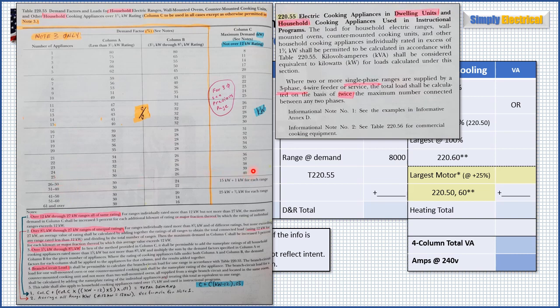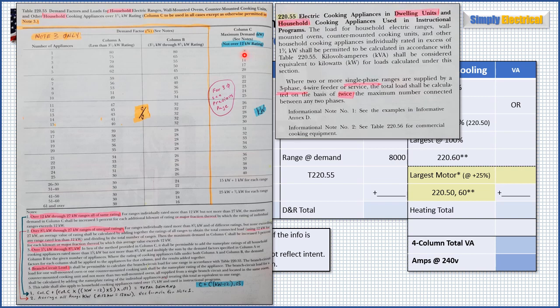Now, since we're doing single family dwelling, we're only going to be really dealing with the first 2 or 3 for the most part. I mean, you can get more, of course, in larger kitchens, because even though it says ranges, and that's a general term used, it's talking about cooking appliances, cooking equipment. So you might have an oven and a cooktop.